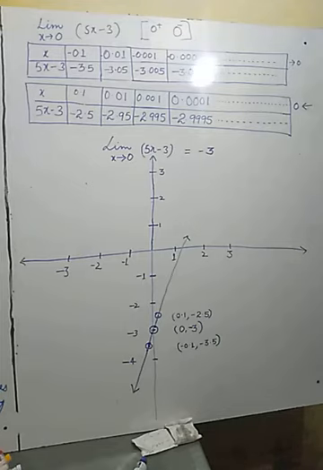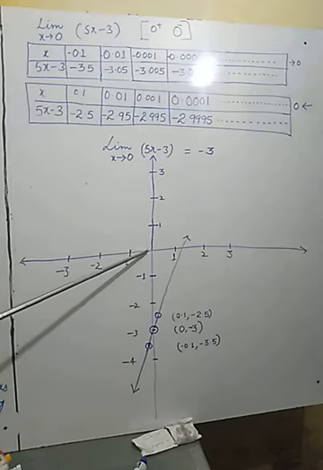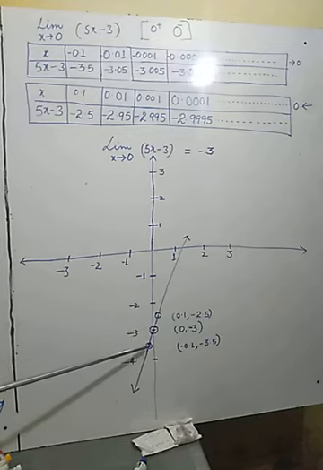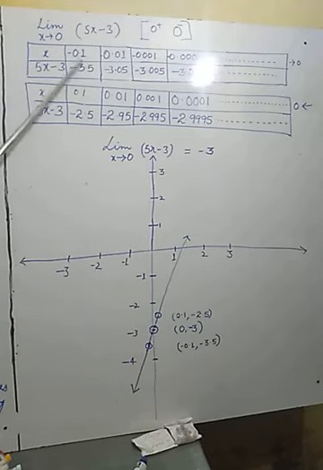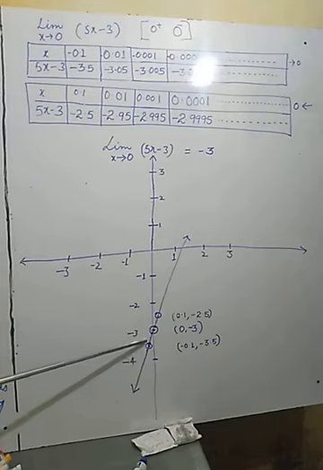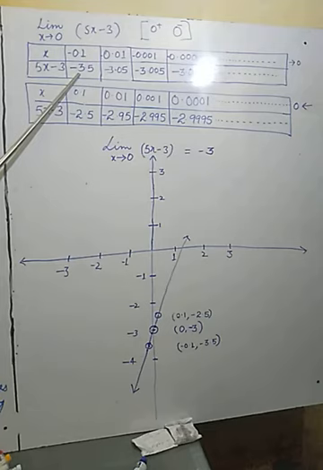How to represent here? In the first chart, x is taken as minus 0.1. So this one is minus 1, and the 10th part will come here. So what does this point represent? The x is taken as minus 0.1. See, at that time the value on the y-axis is minus 3.5.